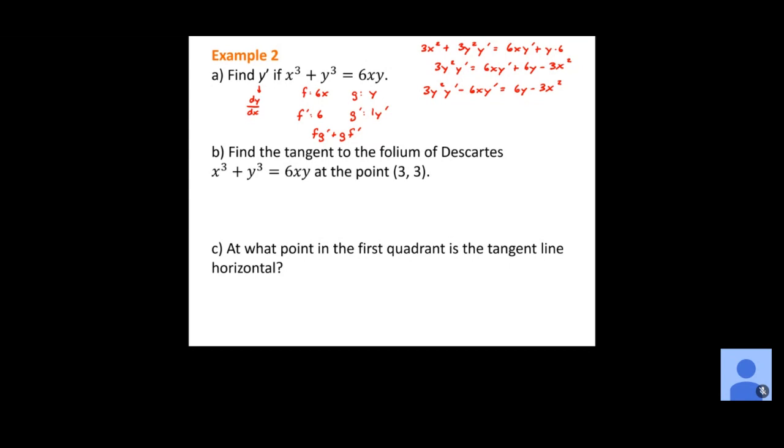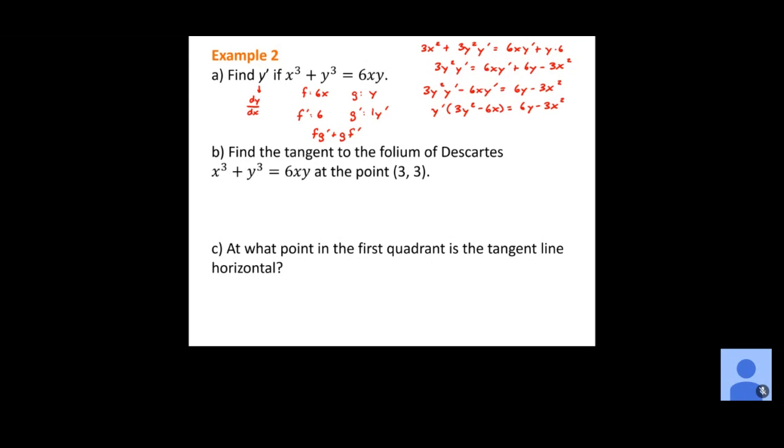Good, right? So we have a common factor of y prime now. We can bring that out. So we're going to have y prime times 3y squared minus 6x equals 6y minus 3x squared.